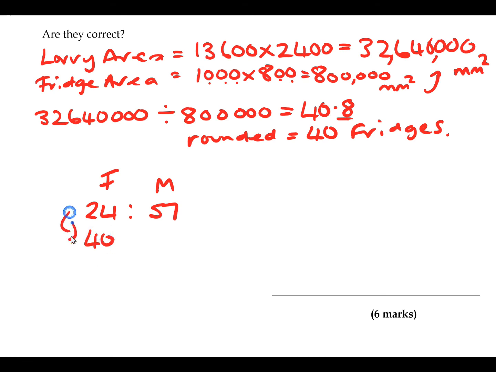So the 40 goes under here, and we work out our scale by dividing 40 by the 24. And it's 1.6 recurring. So using that scale of 1.6 recurring, multiply it by 57 on your calculator, and you get 95 minutes.